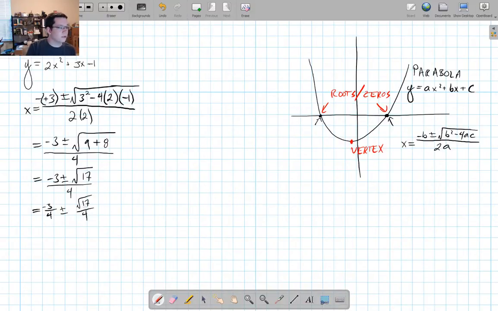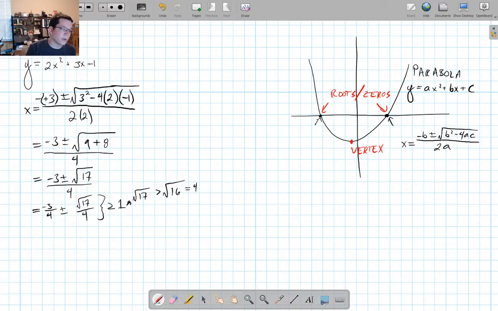Now, if I was going to do this without using a calculator, I would say 17 is close to 16, and the square root of 16 is 4. So this number is a little bit bigger than 4. No, it's not. It's a little bit bigger than 1, because the square root of 17 is going to be bigger than the square root of 16, which is equal to 4.